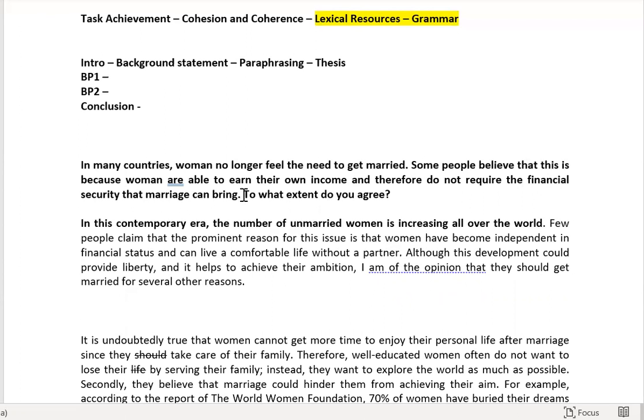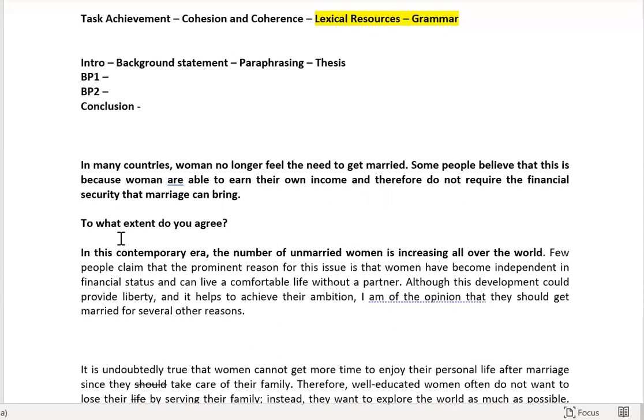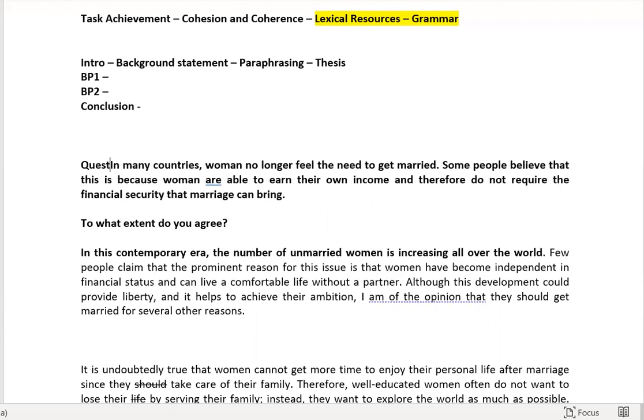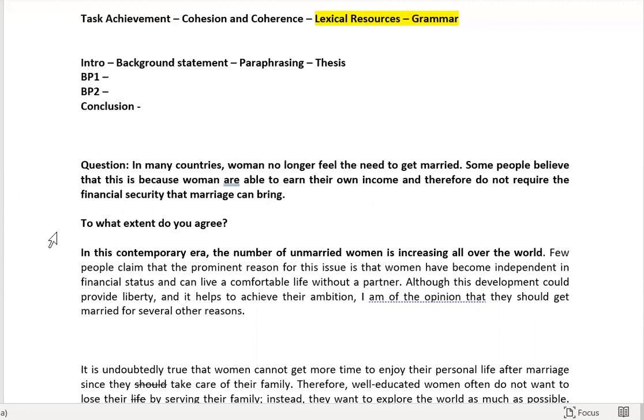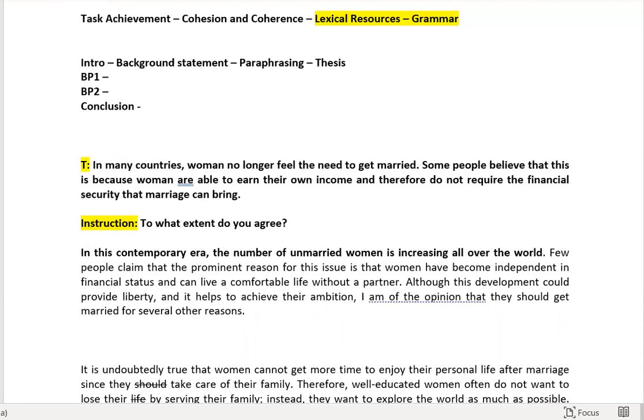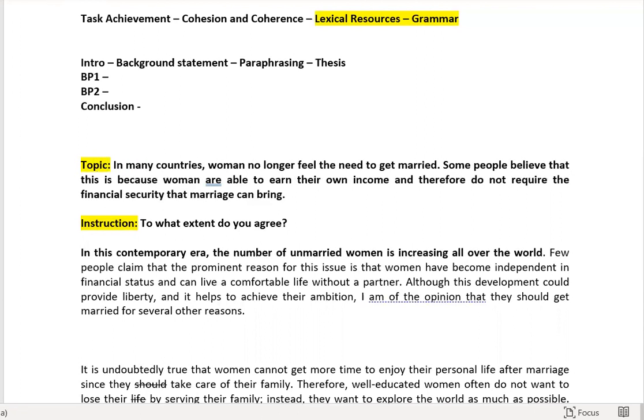One is the question, and the other is the instruction. The question is basically the main topic. Rather than saying question, we can say topic.